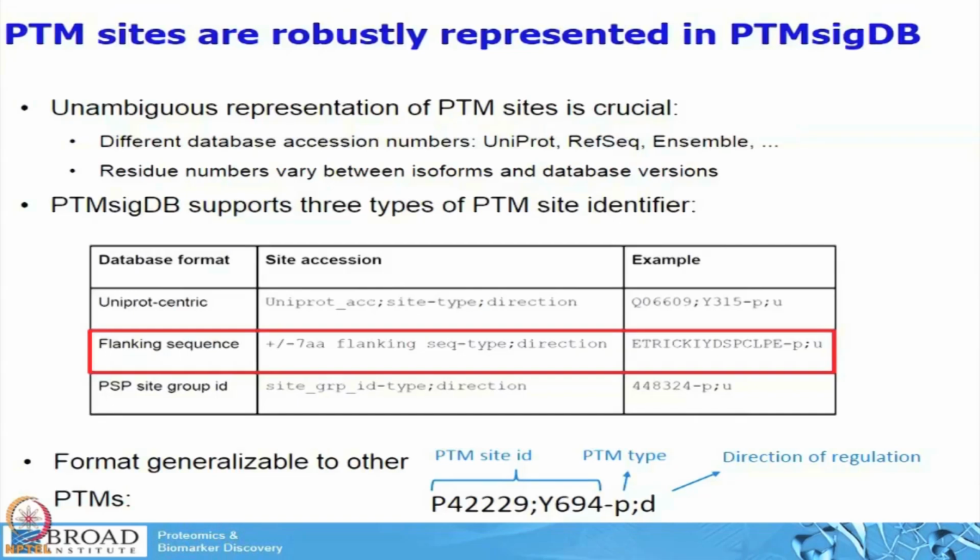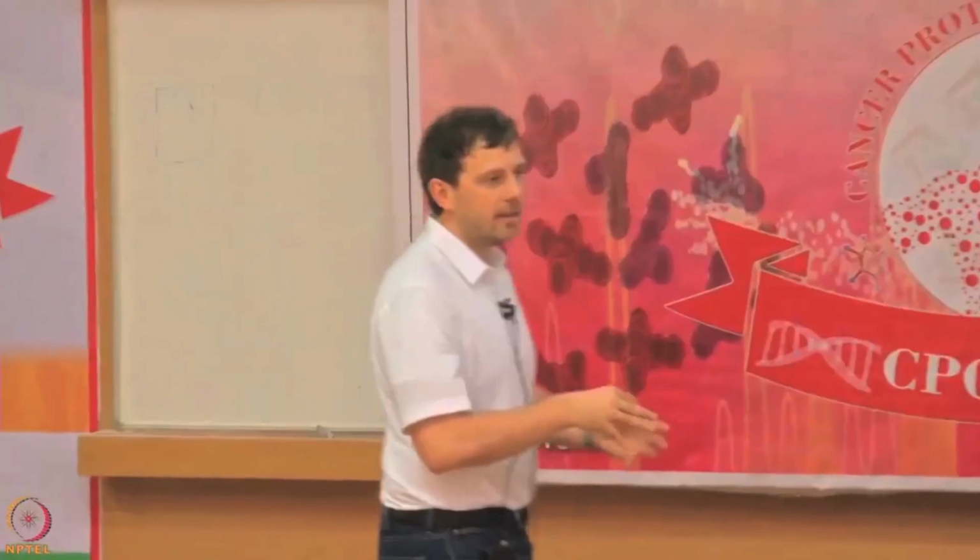Another very important aspect when you want to do something like this is, how do I represent a PTM site robustly? Which might sound trivial, but it's actually a big problem. Gene symbols have been standardized in a way, right? There are these HUGO gene symbols which try to harmonize and standardize human gene symbols.